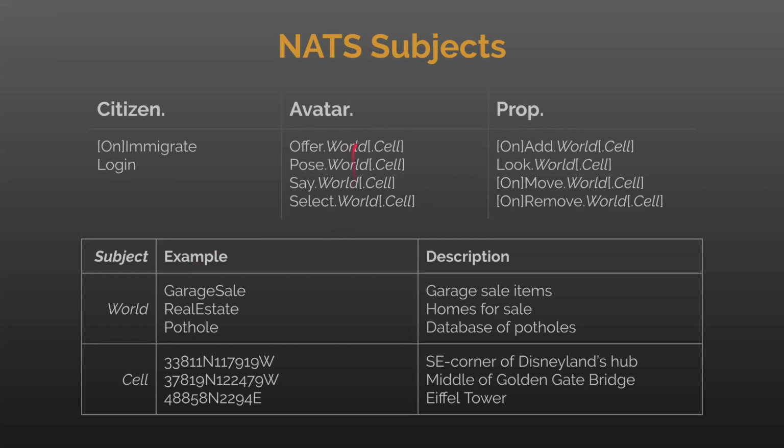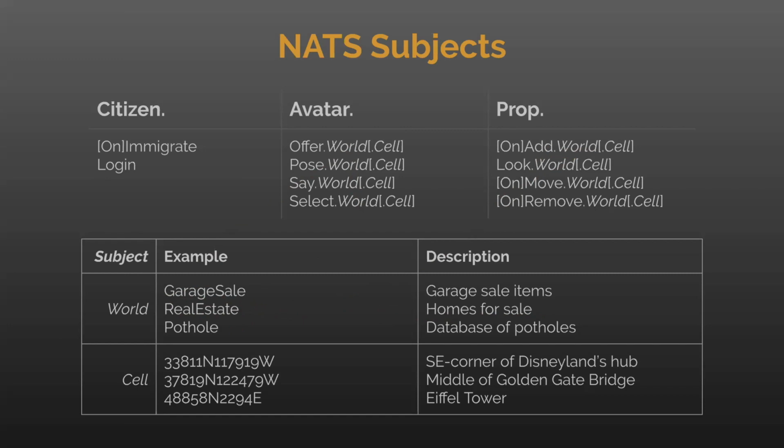So the world can be multiple things. An example might be a real estate world. This is homes for sale. And so you might add various items about a particular property that's for sale, descriptions about it.